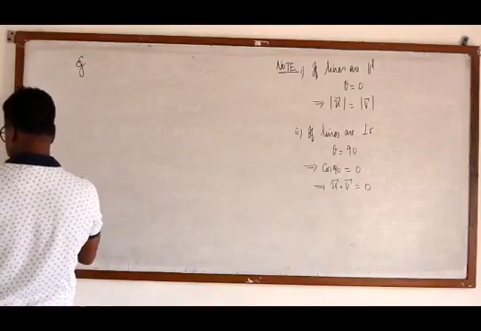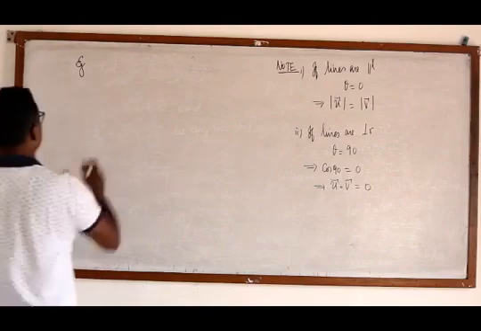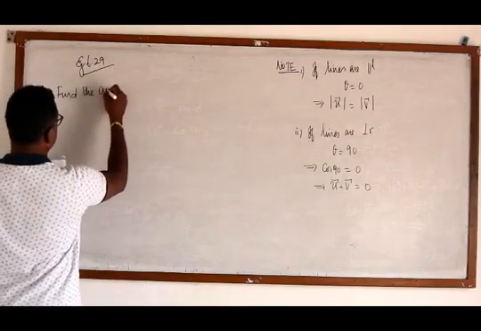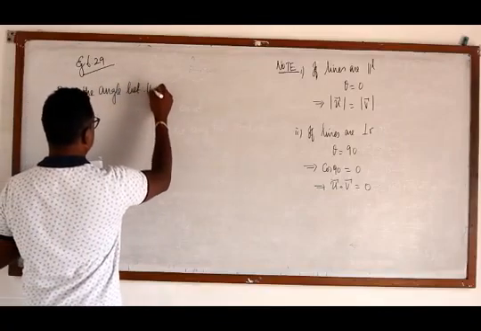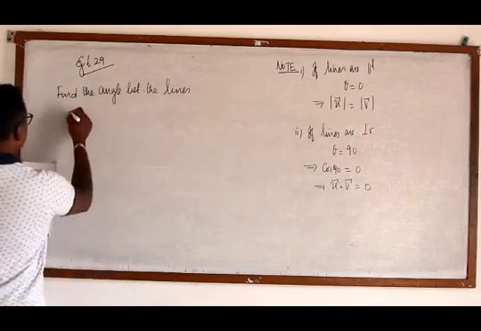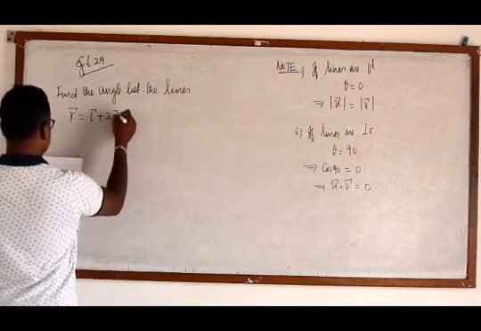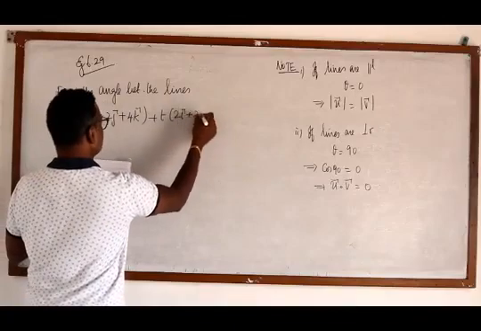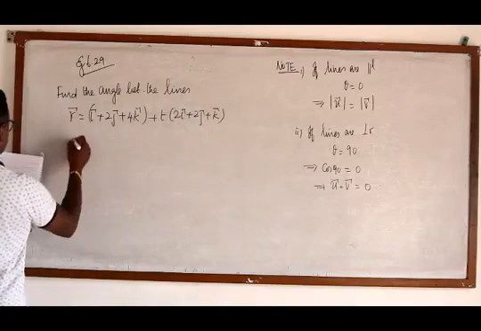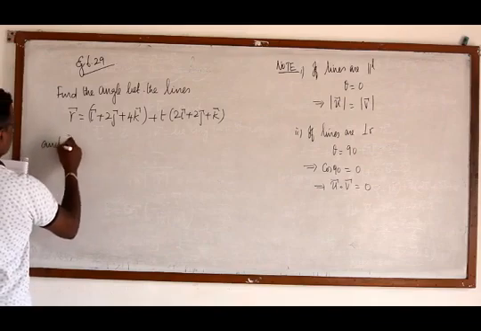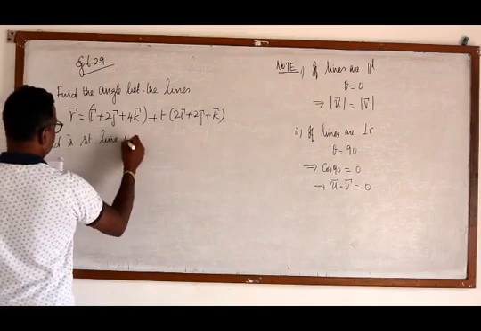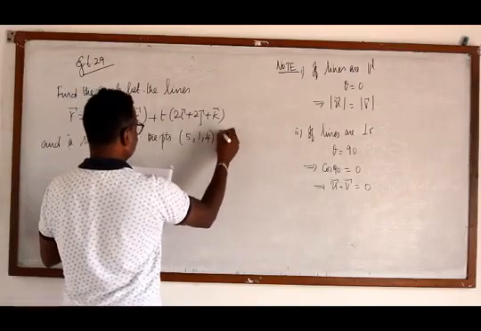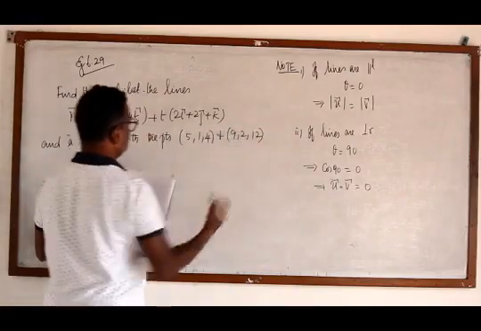Example 6.29. Find the angle between the lines r vector equal to i plus 2j plus 4k plus t into 2i plus 2j plus k, and the straight line passing through the points (5, 1, 4) and (9, 2, 12).